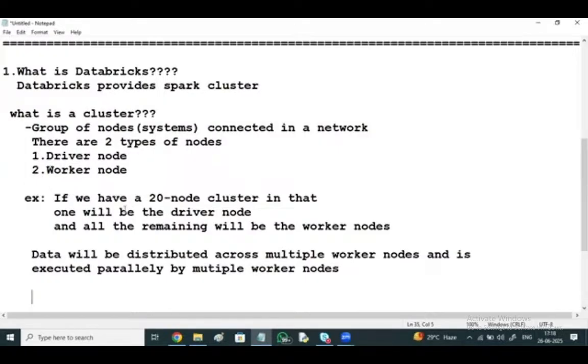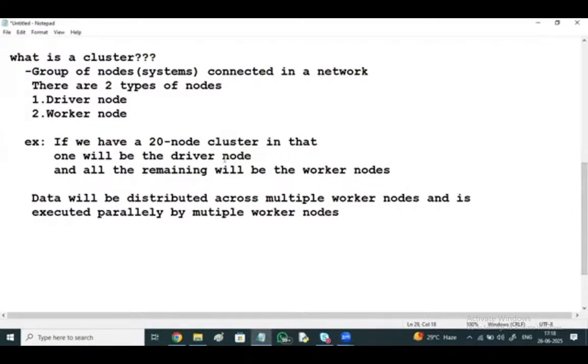Here we say parallel processing. So data is going to be divided into smaller partitions. The partitions are stored across multiple systems running parallelly, executing those partitions.